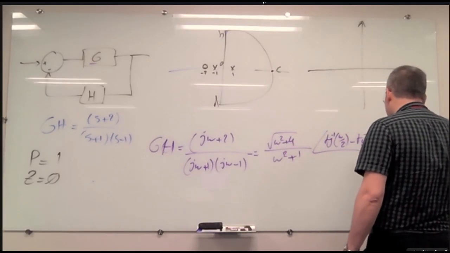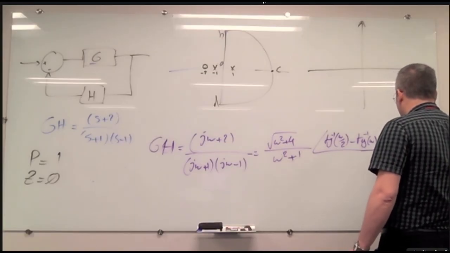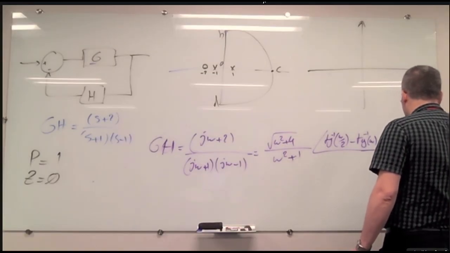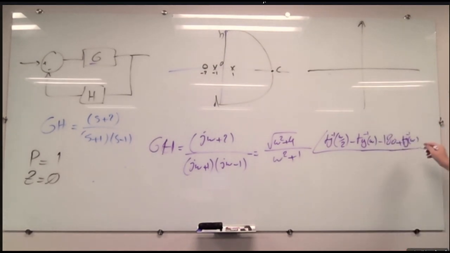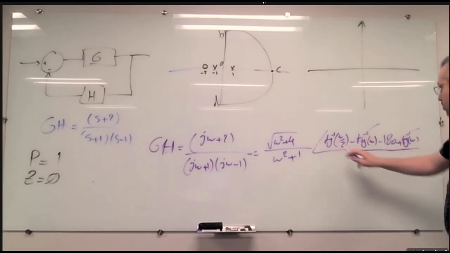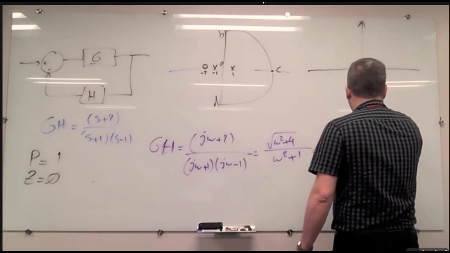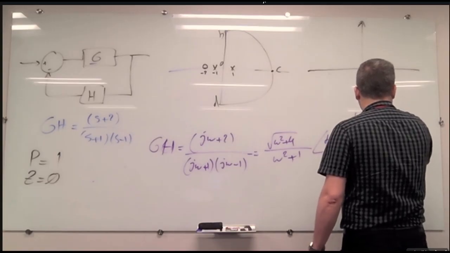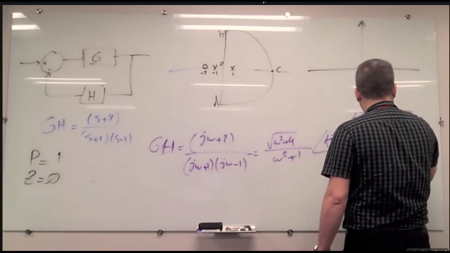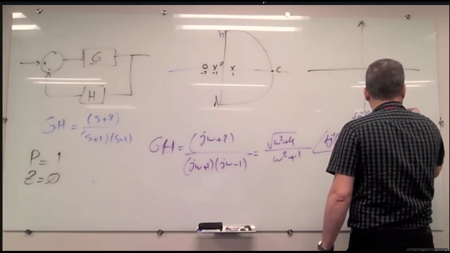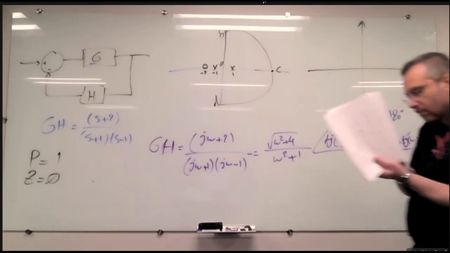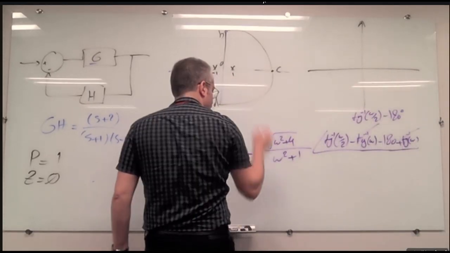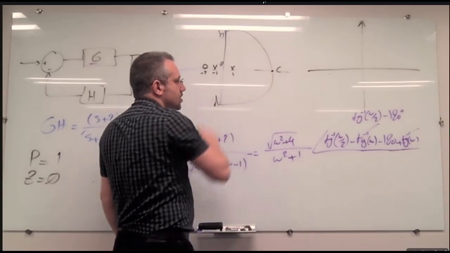And there's a minus in front of it, minus 180 plus tan inverse of omega. So these two cancel each other out, so we are going to end up with tan inverse of omega over 2 minus 180. Are we good?